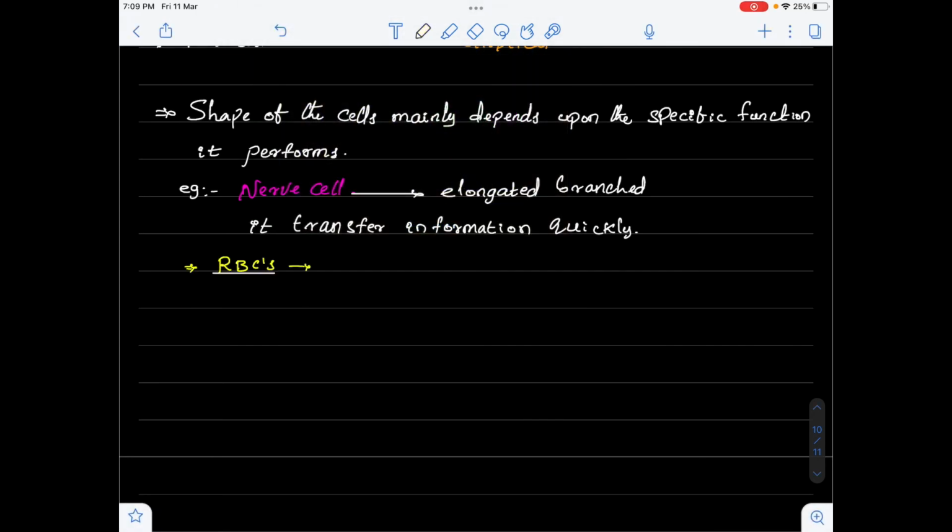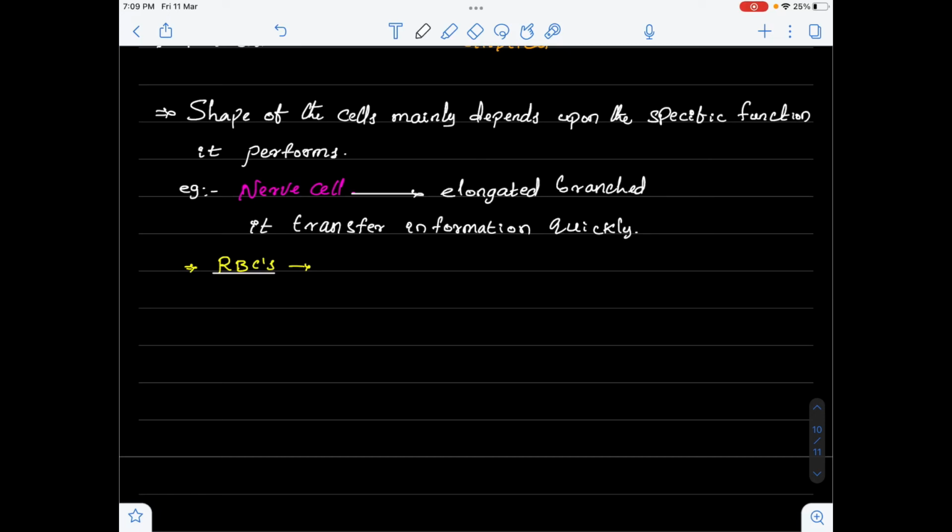In humans, mature red blood cells are in discoidal or biconcave shape. Generally, blood cell formation takes place in the bone marrow. Before maturation, they are in spherical or oval shape, and slowly when they undergo complete maturation, they lose their nucleus and all other cell organelles and increase the surface area to increase oxygen binding capacity with hemoglobin.